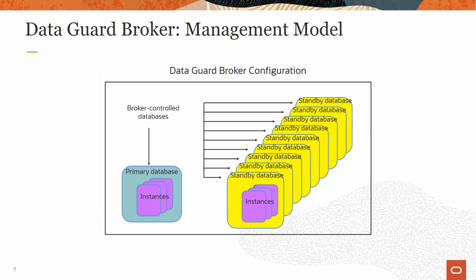In the data guard broker management model, as you can see here, we can manage multiple standby databases. So in order to manage a primary database and standby databases using data guard broker management framework, the first thing what we have to do is we have to create data guard broker configuration. It is a logical group of primary and standby databases and also FARSync instance.